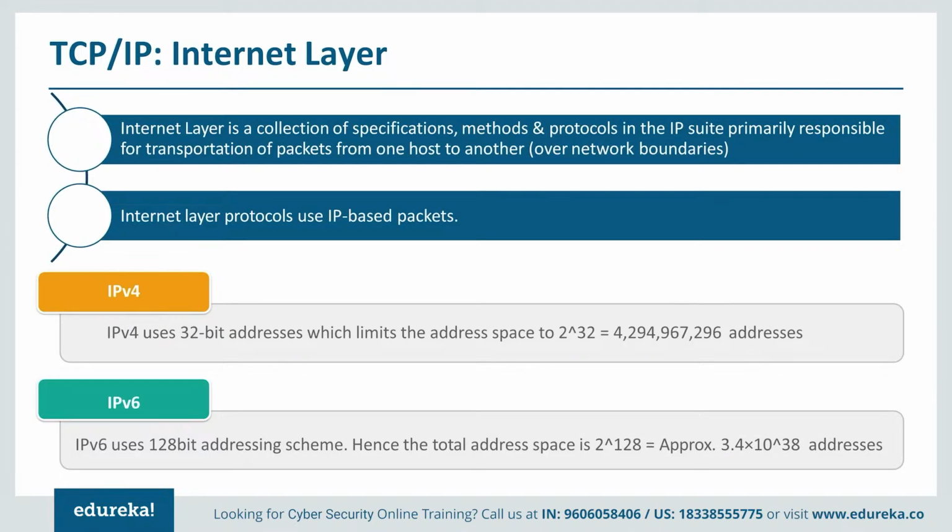Difference between IPv4 and IPv6, we have already seen that. IPv4 is a 32-bit address, whereas IPv6 uses a 128-bit addressing scheme. The approximate number of addresses available on IPv4 is almost 4,294,967,296, almost 420 crores.